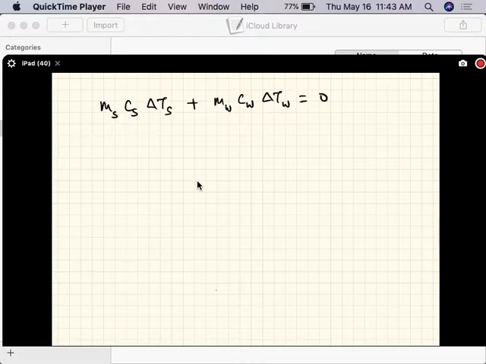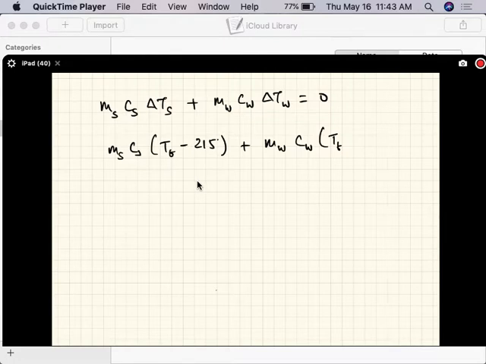So we'll put in all the values. So, well, Ms Cs, T final minus initial temperature of steel, which is 215 degrees Celsius, plus mass of water, specific heat of water, and T final is the same.